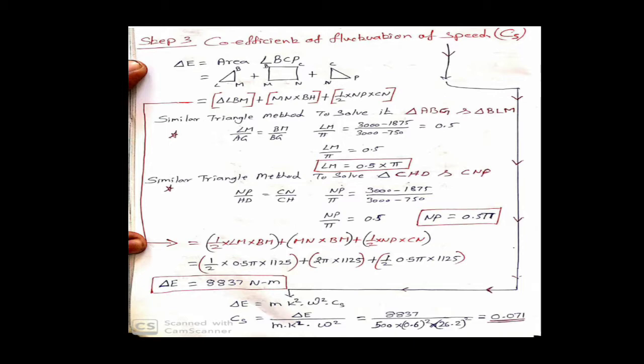The adjacent side of the smaller triangle and the adjacent side of the larger triangle, this is called the similar triangle method. In this manner we solve the triangle ABC.